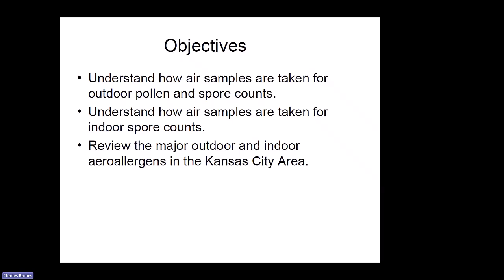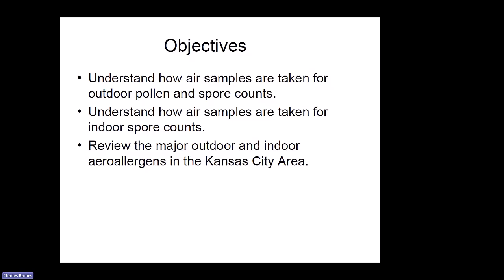And then we're going to look at the major indoor and outdoor allergens here in Kansas City. These are pollen and spore allergens, and so this is for the Kansas City area. If you're from another area, the importance of these will maybe change a little bit, but this is the main lineup for most of the country.